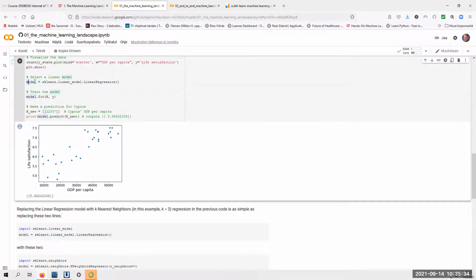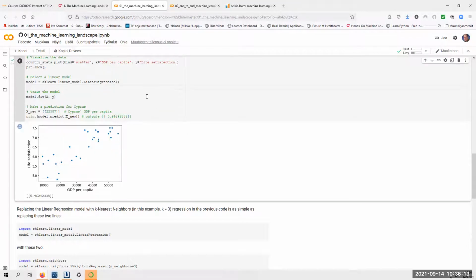Okay, now you select the model, linear regression, then you train it. So in practice, you fit the straight line to these data points. And now you can predict the hypothesis value. This X new is the hypothesis GDP, and then you put it in this model predict method.